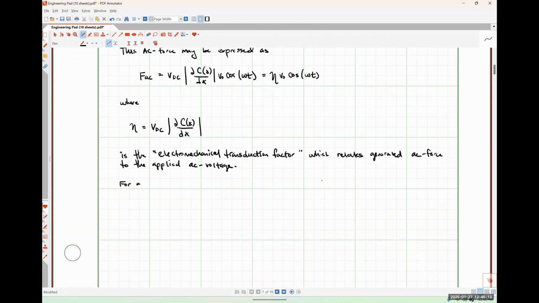So, talking about the electromechanical transduction factor. For a parallel plate capacitive actuator, I'm just going to make a note here. This is from our notes last week, that would have been, I think, Wednesday.